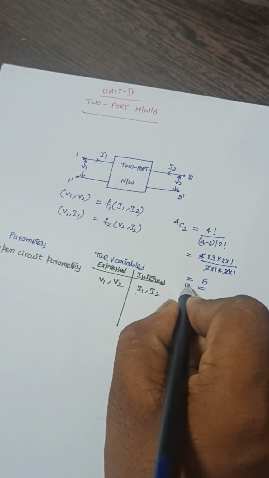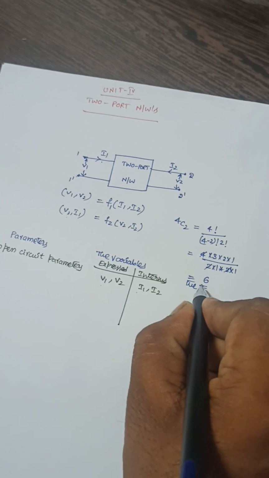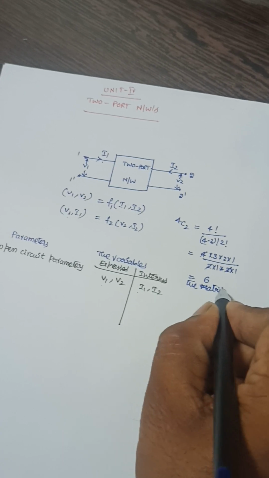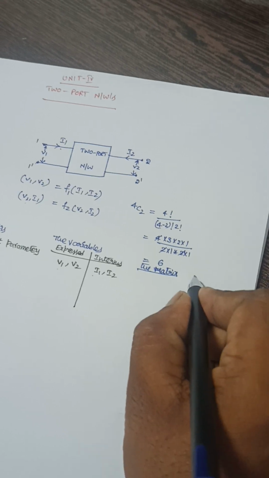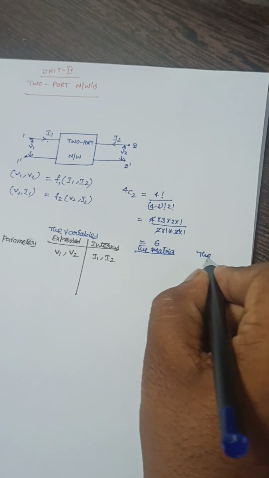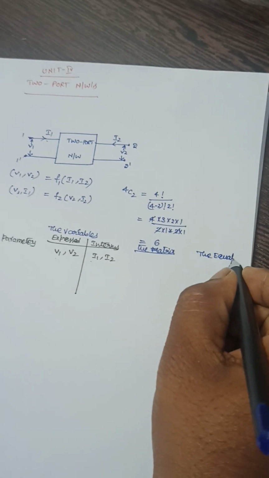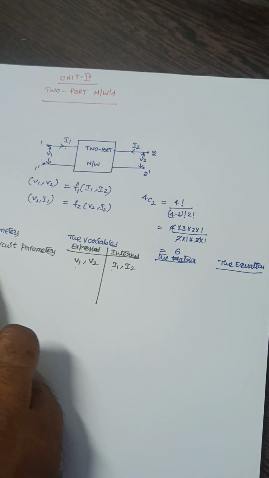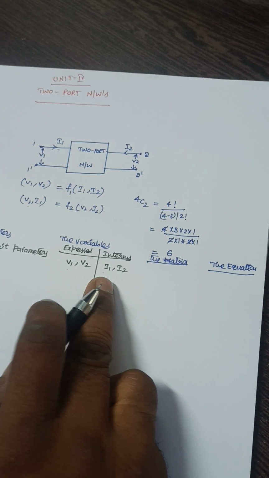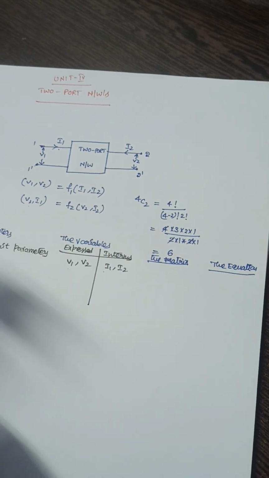That is the matrix notation, matrix representation, and the equation. So let me write it for one parameter set so that you can understand what this is.